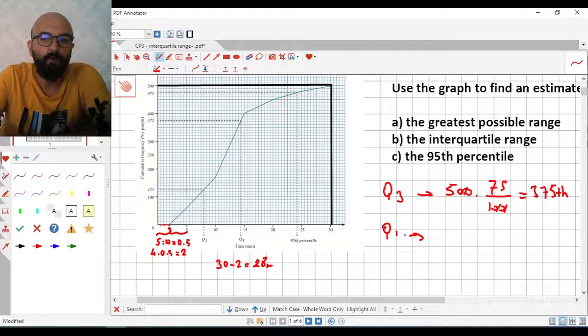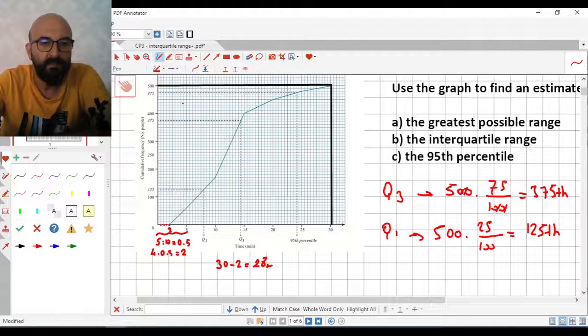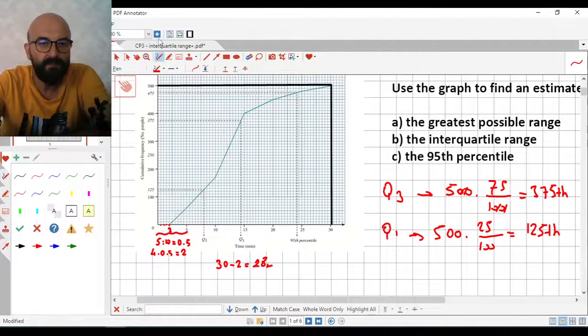And for Q1, 500 multiplied by 25%, so the 125th person.